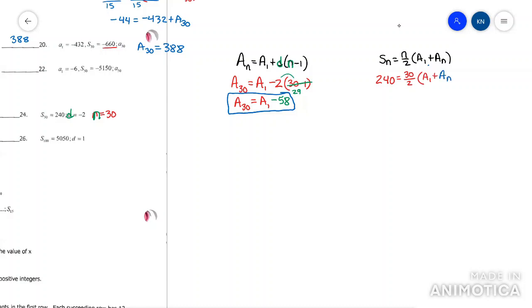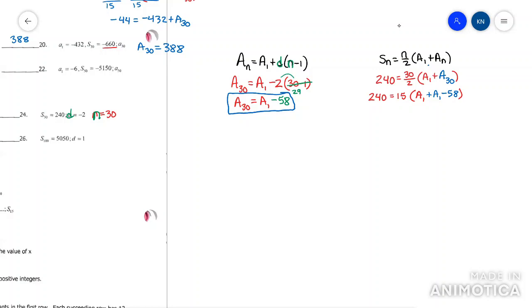Right here, that blue AN, well, I guess it's not AN, it's A30, because N is 30. That blue A30 is where the substitution is going to happen. So it's going to look like this: 30 over 2 is 15. I make the substitution here. Blue box, I have positive A1 minus 58.